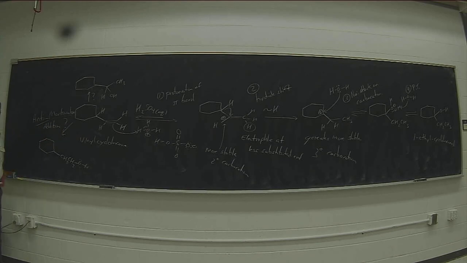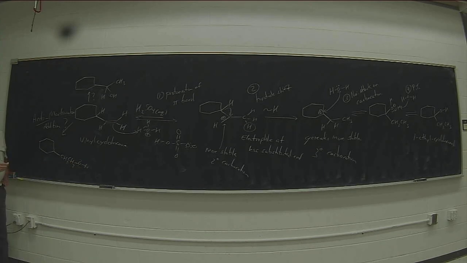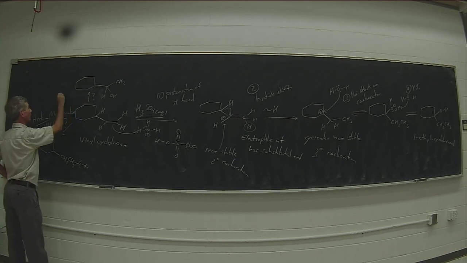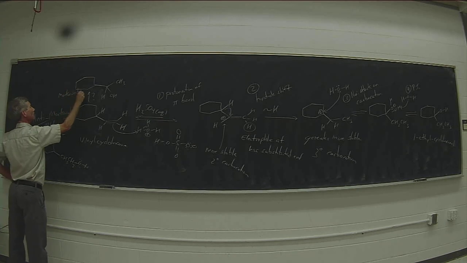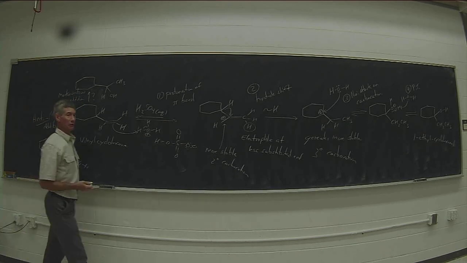Is it possible to do an anti-Markovnikov addition reaction where the heavier group ends up at the less substituted end and the smaller hydrogen ends up at the more substituted end? This would be a simple Markovnikov addition, but without the carbocation rearrangement.